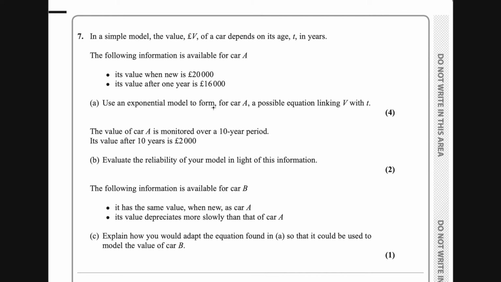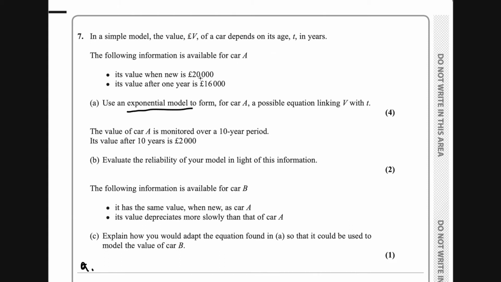We're going to have to apply it when, in part A, we use an exponential model for car A to find a possible equation linking its value with time. So in A, what we're really asked to do is come up with an exponential model.